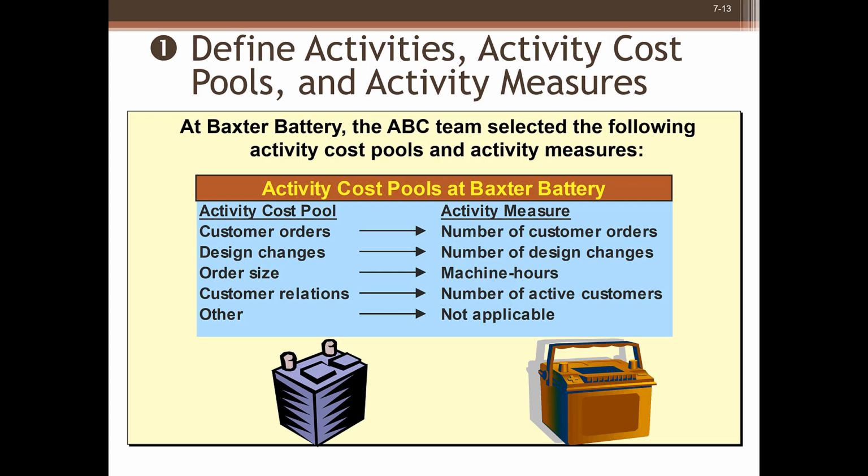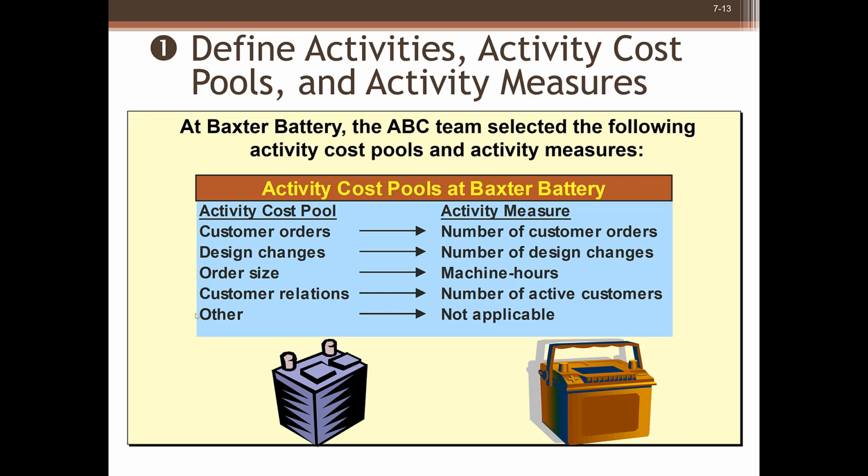Similar activities will be combined to reduce activity cost pools. Here, Baxter Battery selected 5 activity cost pools and activity measures respectively. There are 5 pools: customer orders, design changes, order size, customer relations, and other.